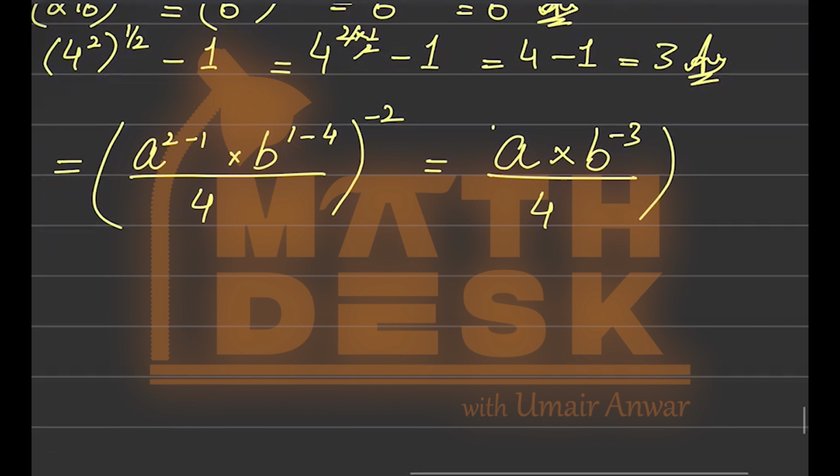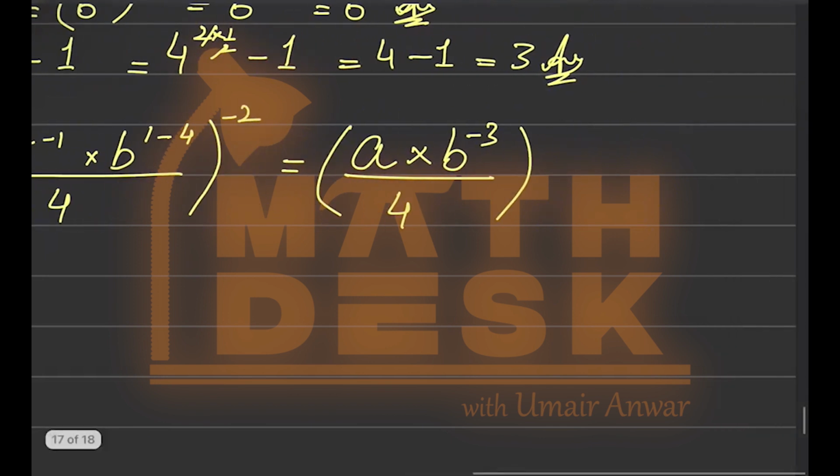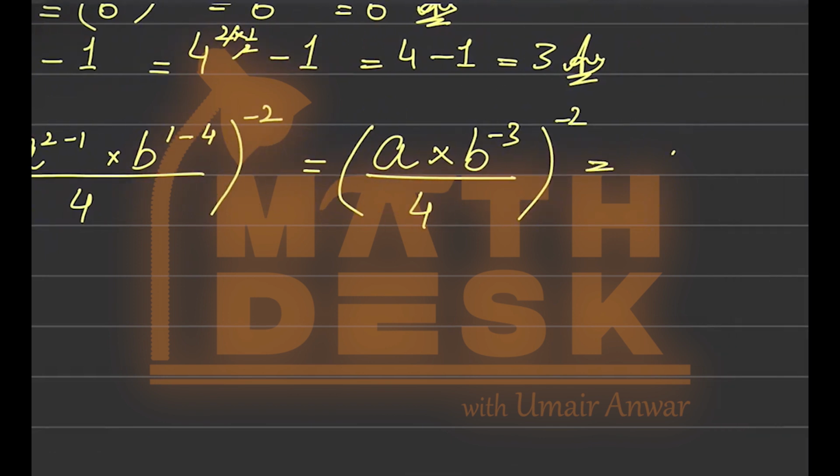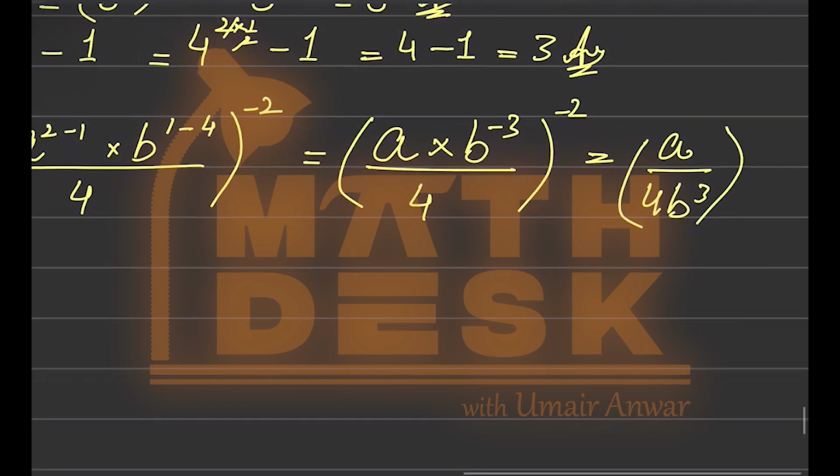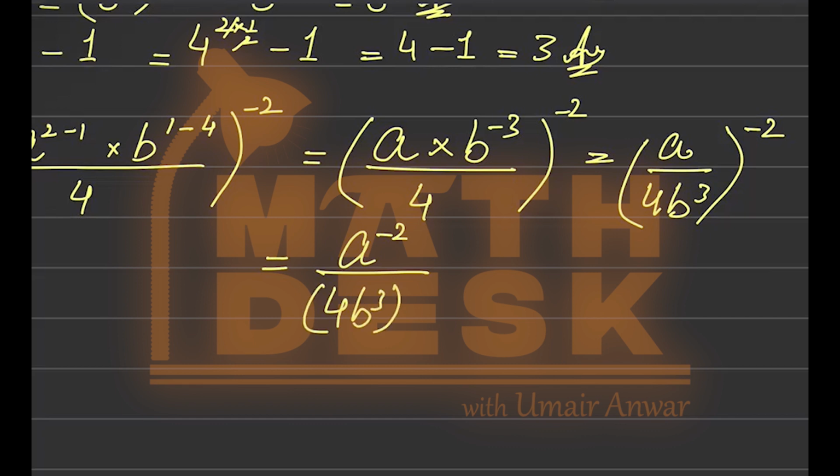Now, if I move this b to the denominator, it would become a upon 4b cube whole raised to minus 2. Now that whole power would be applied on the numerator and on the denominator also. So it would become a raised to minus 2, 4 raised to minus 2, b cube raised to minus 2.